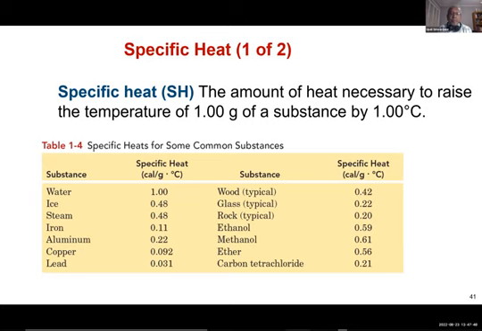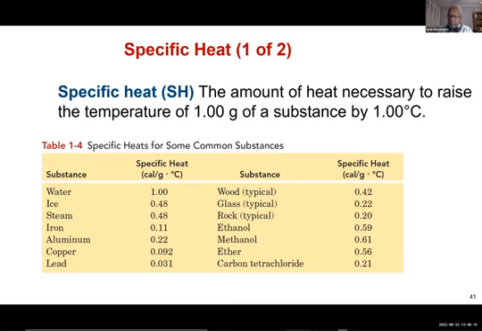So the specific heat is a physical property of a substance or pure substance, elements or compounds. So if we know the specific heat of a substance, we can identify what that substance would be.